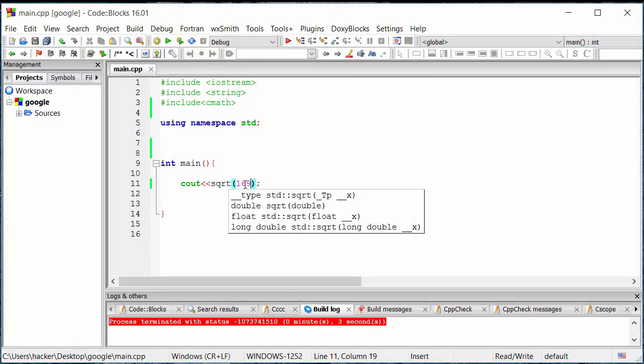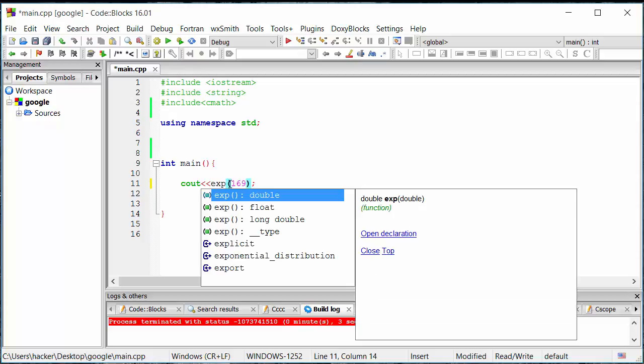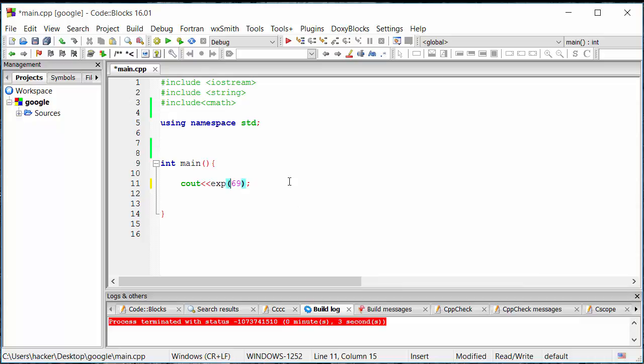Then there is the exponential function. I don't think you might use it anywhere, but still it's represented by exp, and it computes e to the power x. Now the value of e is somewhere around 2.72, so whatever you write in here, it will be e raised to the power x.